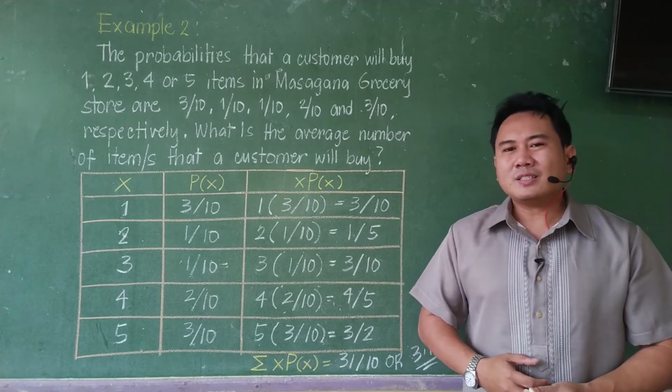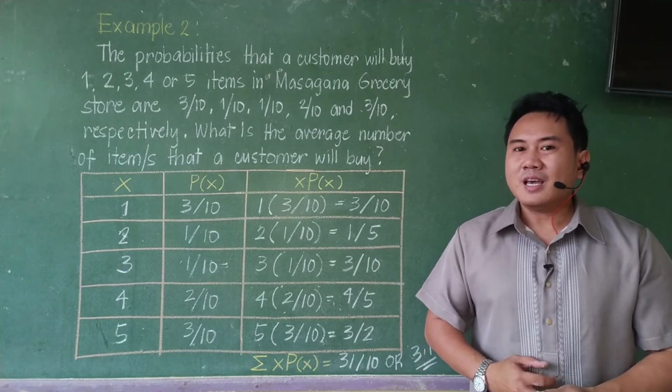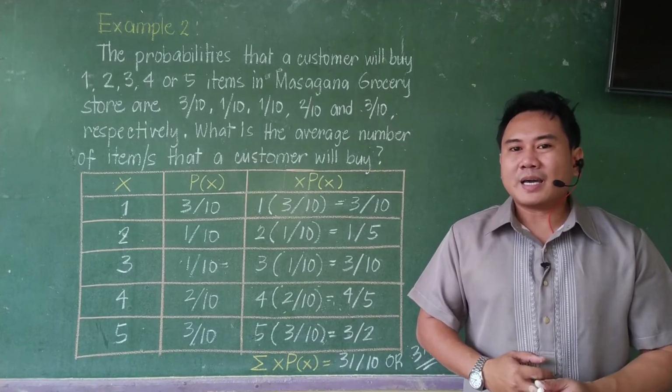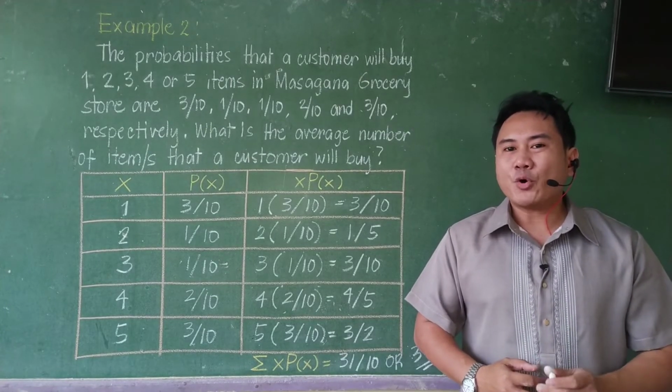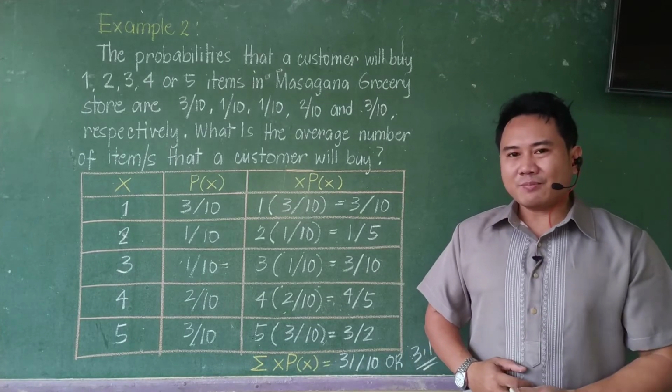But what does 3.1 mean? It means that the customer will buy an average of 3.1 items in Masagana grocery store every time they visit.